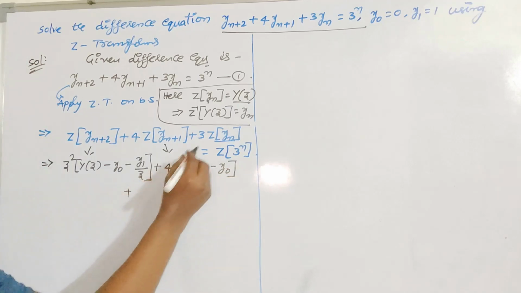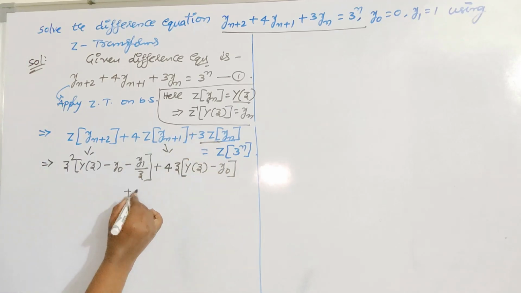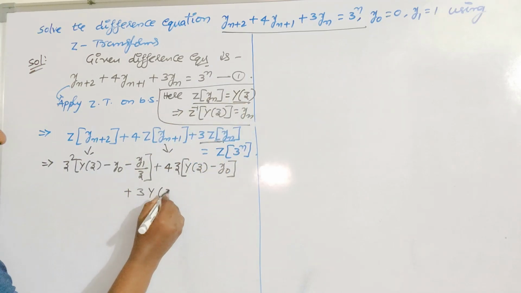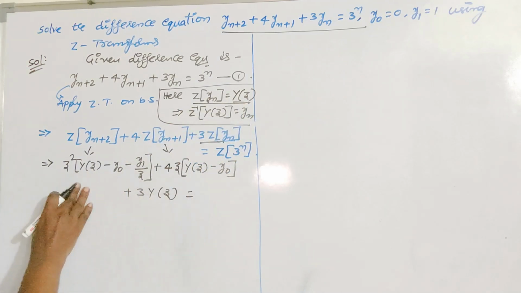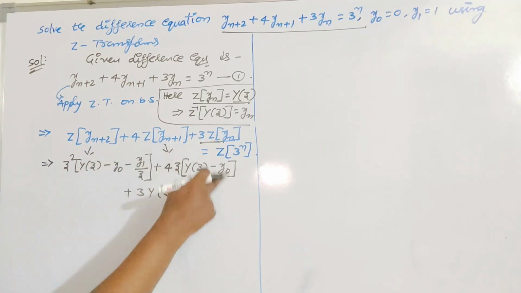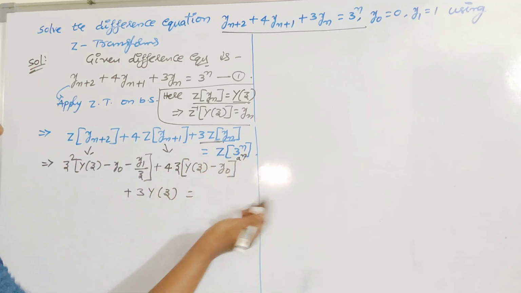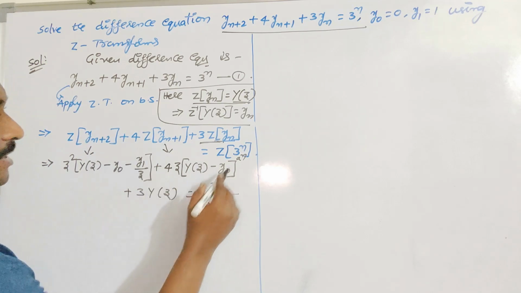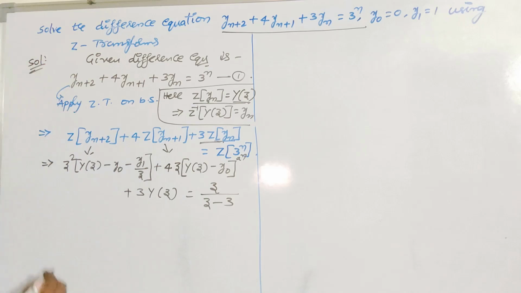Finally in the right side we have plus 3 into Z transform of yn, which is y of z. So all terms on the left hand side are in terms of small z. The right side is also reduced in terms of small z, so it would be z by z minus 3.